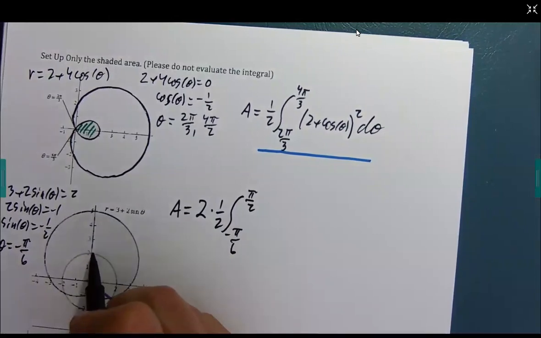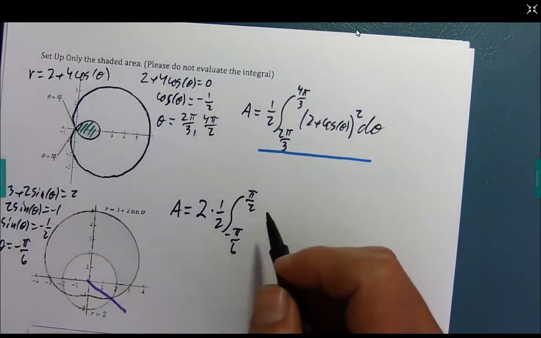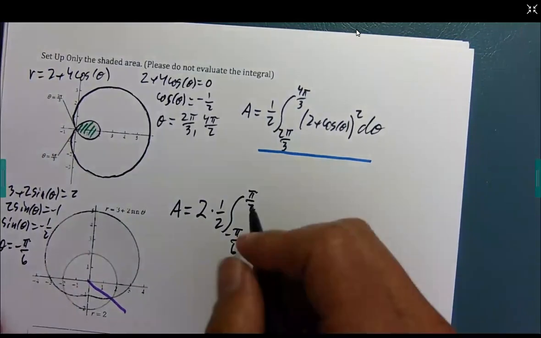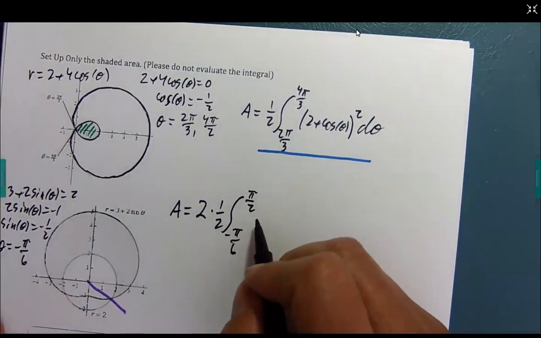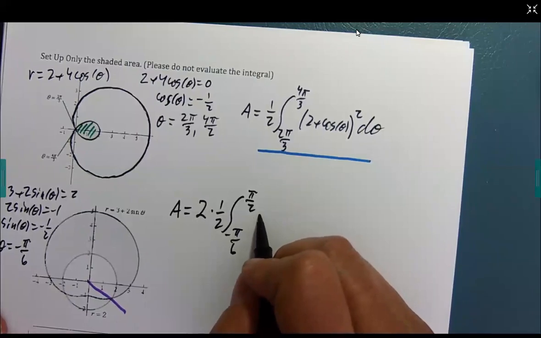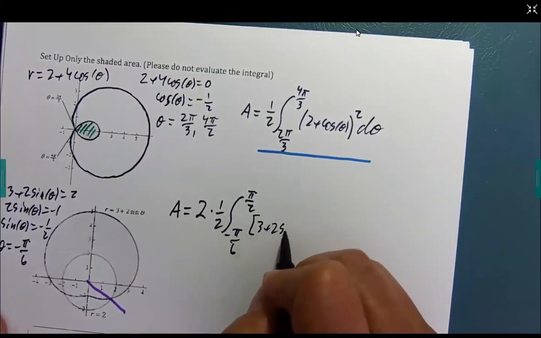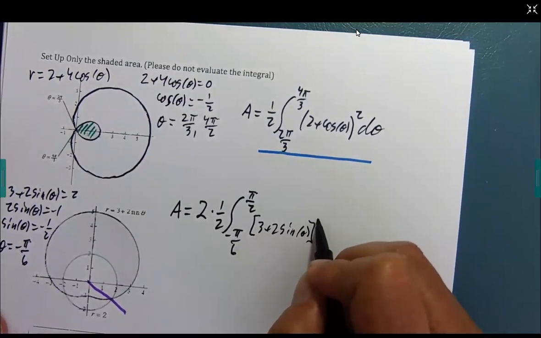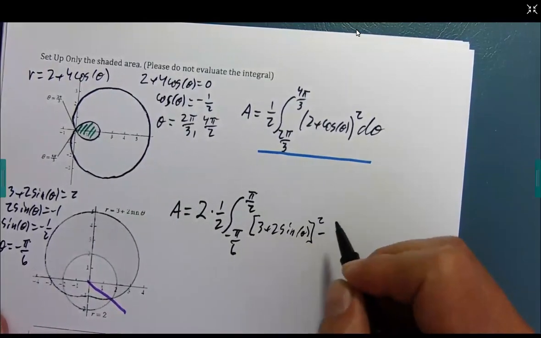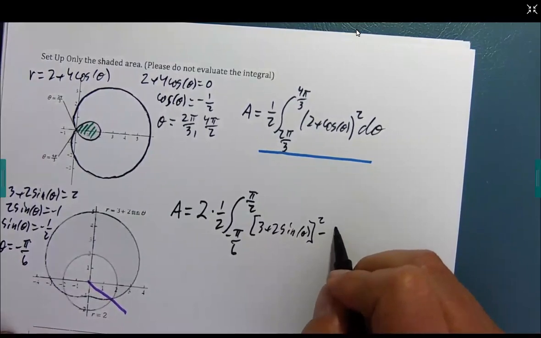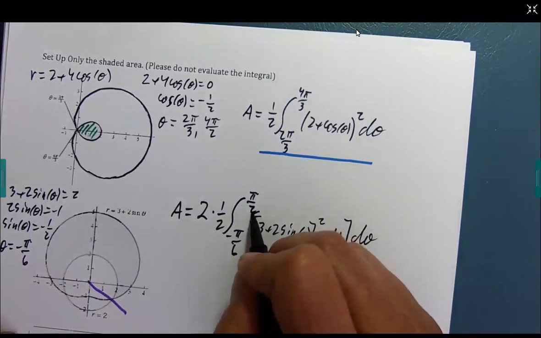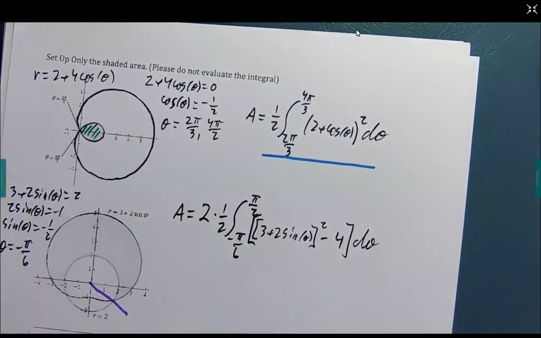So I'm just going from here to here of the bigger function squared minus the smaller function squared. So 2 squared is just 4. All d theta. That is wild.